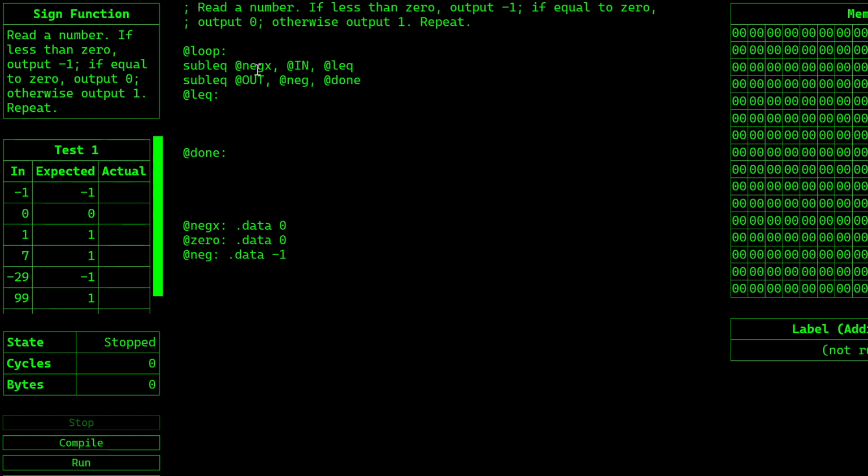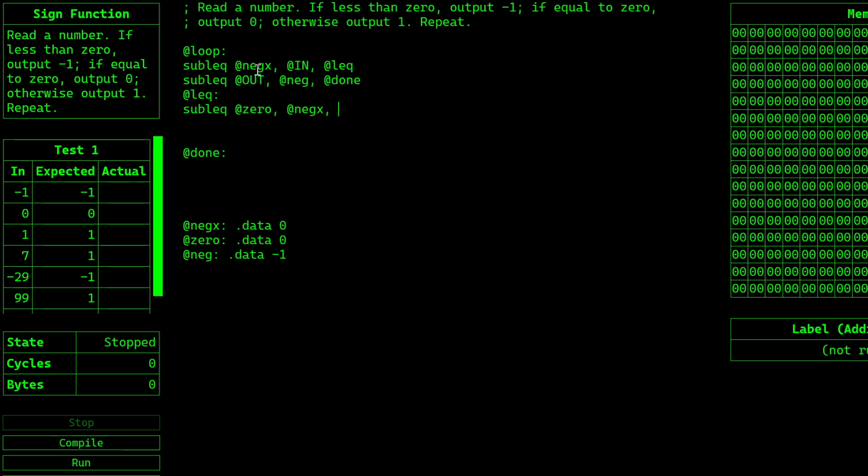I know this could all be one data section. I could refer to it with loop label offsets, but that sounds horrible. So now we can say subleak into neg x from 0 and the neg x, right?